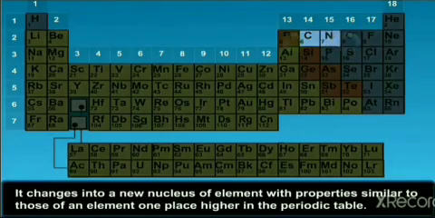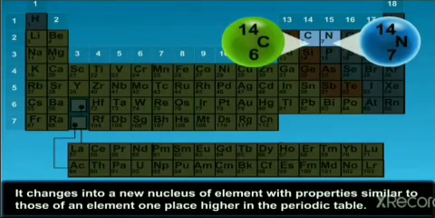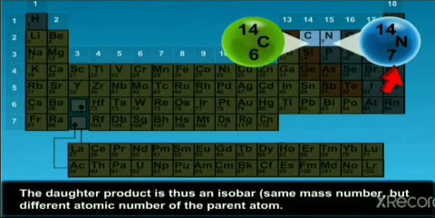It changes into a new nucleus of an element with properties similar to those of an element one place higher in the periodic table. The daughter product is thus an isobar, having the same mass number but a different atomic number from the parent atom.